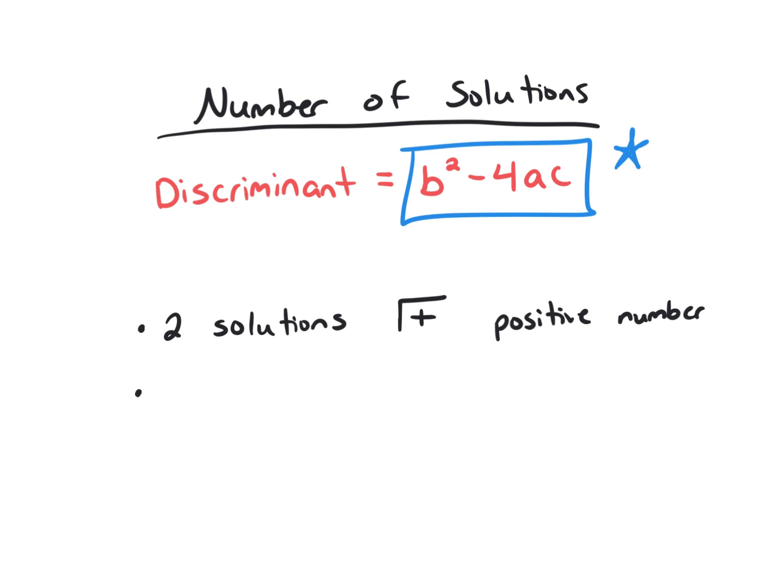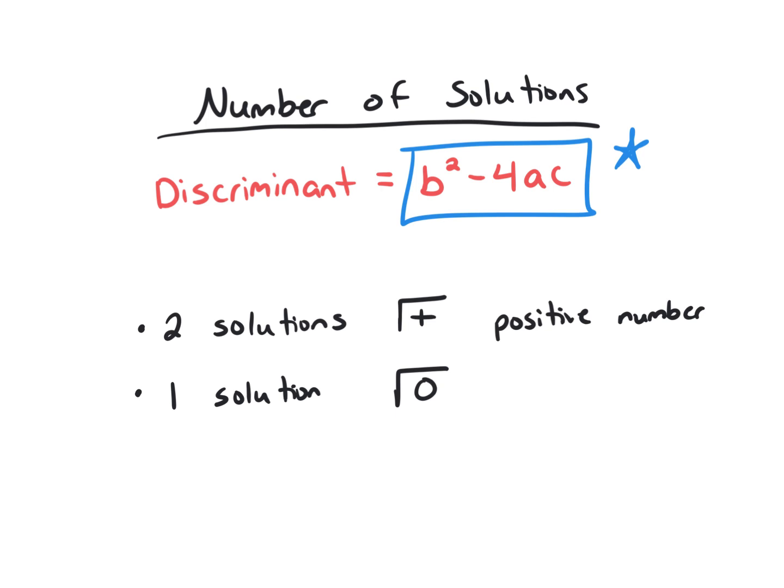The next possible number of solutions is 1 solution. What do you think has to be inside that square root to get 1 solution? No, because negative is no solution. So what number needs to be in the square root to have 1 solution? 0. Why do you say 0? It's a good guess, and it's correct.